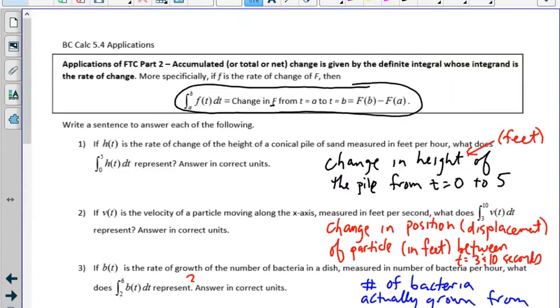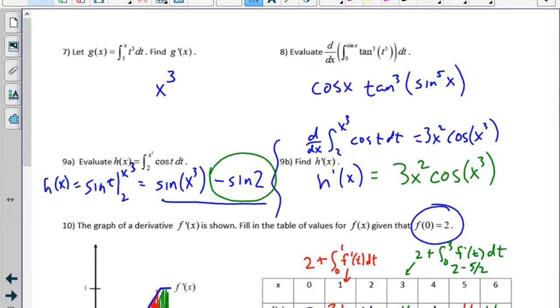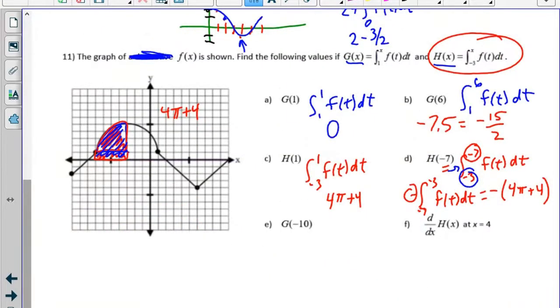If we go back to the original thing that we were talking about, accumulated net change: if the change from -7 to -3 is positive, then going the other way is actually going to be negative. So it's actually backwards.